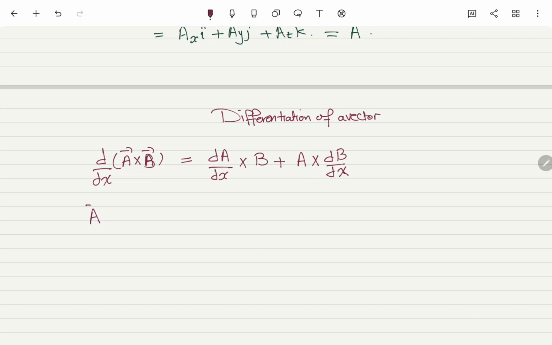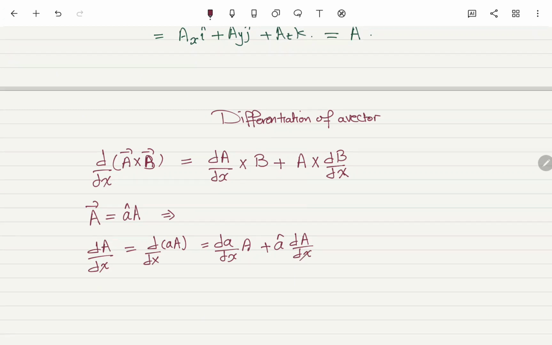Assuming that A is equal to A a hat, in this case dA by dx is equal to d by dx of A a hat, or equal to dA by dx a hat plus A d a hat by dx. This relation is convenient in some cases to find the derivative of any vector.